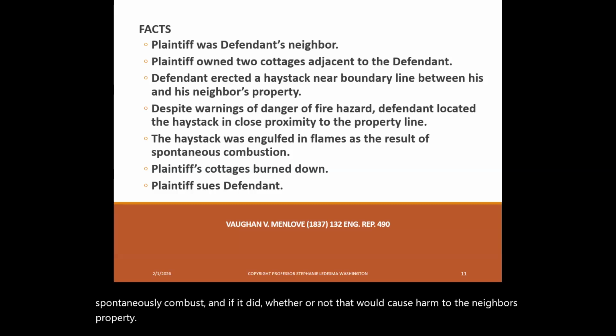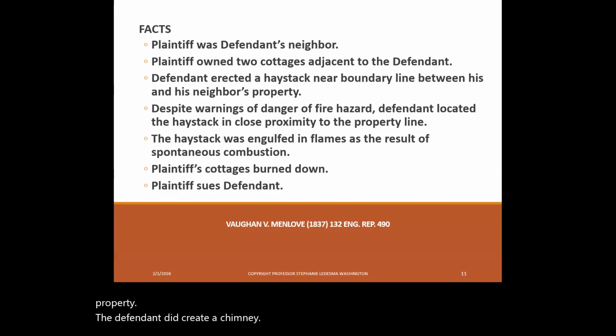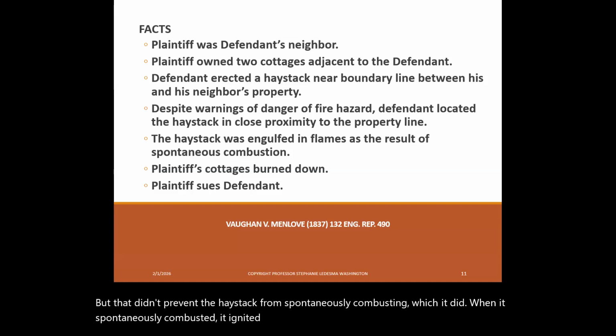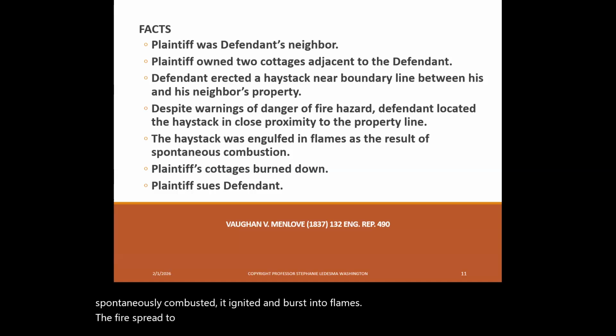The defendant did create a chimney, but that didn't prevent the haystack from spontaneously combusting, which it did. When it spontaneously combusted, it ignited and burst into flames. The fire spread to the defendant's buildings on his property and the plaintiff's buildings on the plaintiff's property.